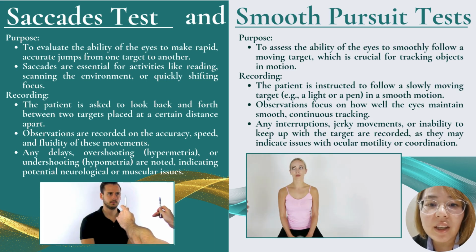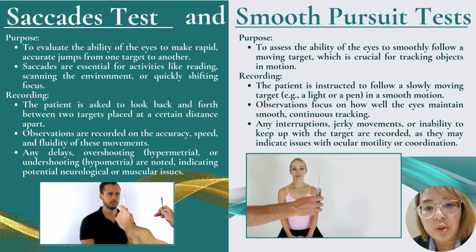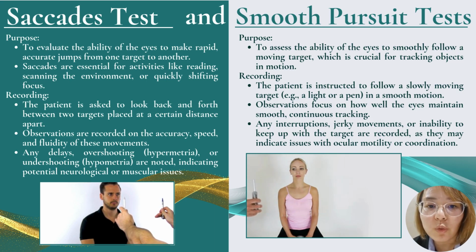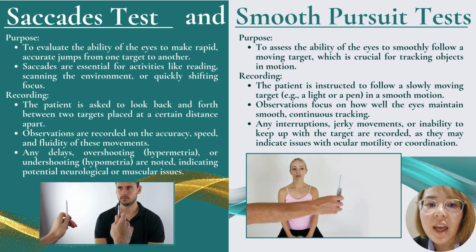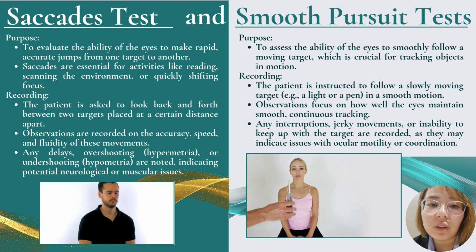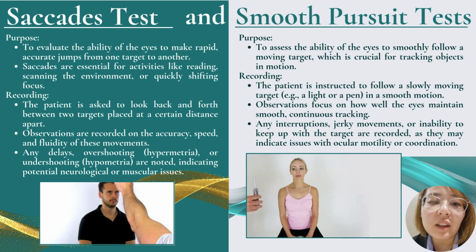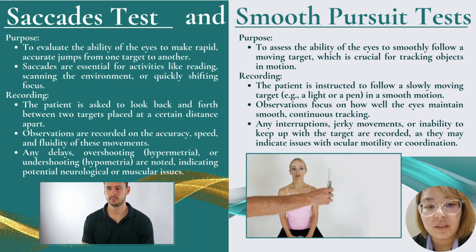Saccades provide insight into quick, precise movements, while smooth pursuit assesses the ability to follow objects continuously. Any irregularity in these tests can point to neurological or muscular concerns that may need further attention.